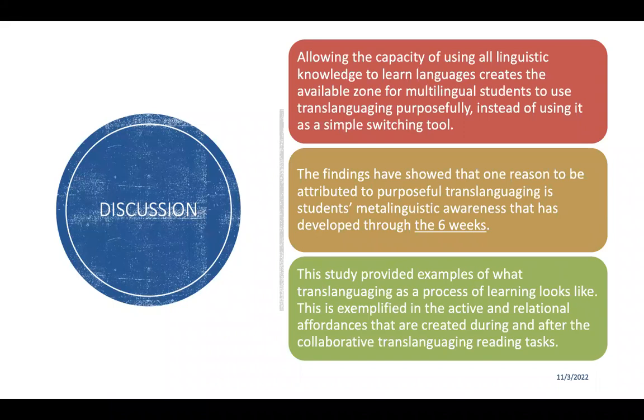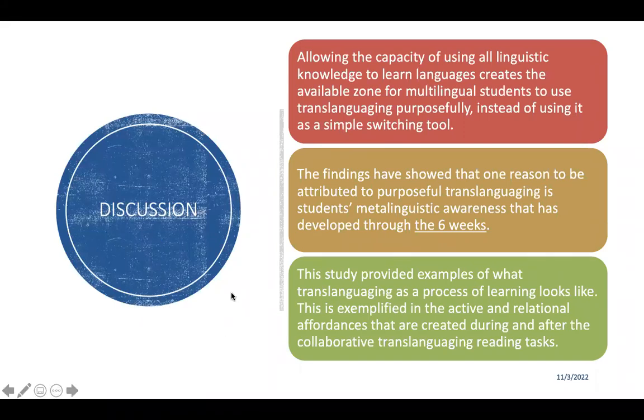This was developed throughout the 6 weeks. So students became more aware of their languages, and therefore they were able to use translanguaging purposefully and not just as a switching tool. And as I said, I started by allowing it, but actually students enabled translanguaging in their groups.